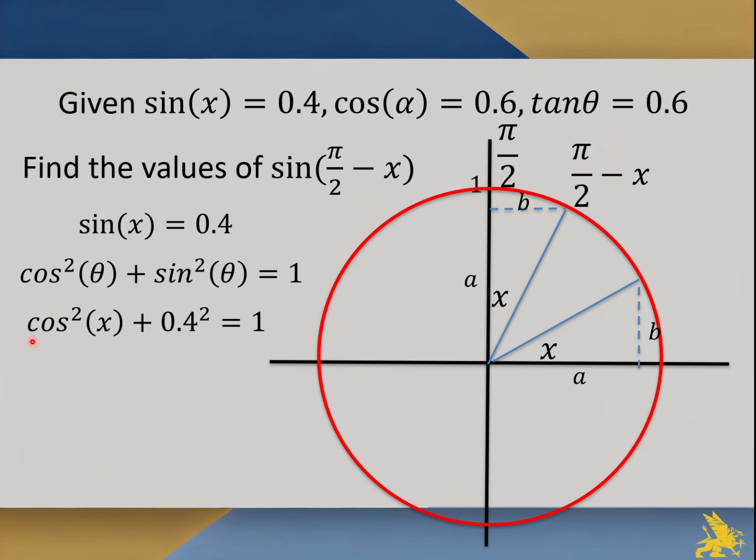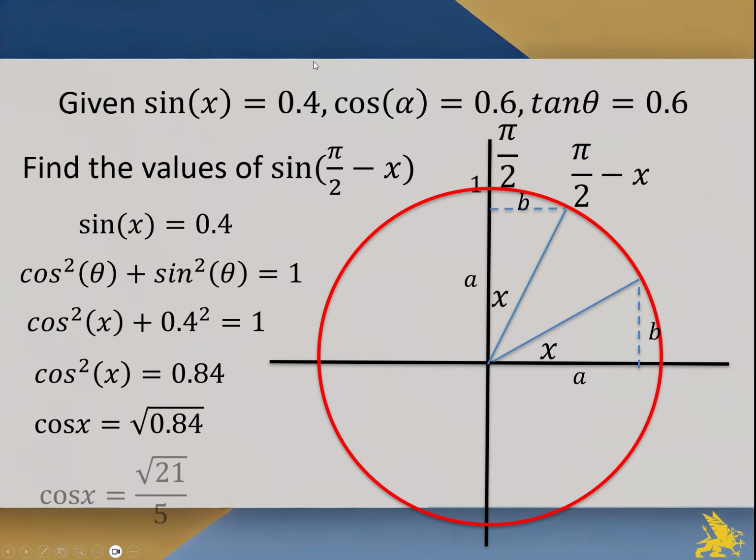That gives me cosine squared plus 0.4 squared equals 1. 0.4 squared is 0.16, and then I take that away and I get 0.84. I square root that on the calculator and I will get square root 21 over 5.